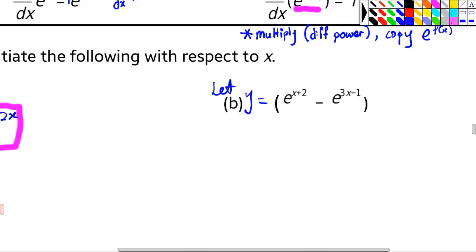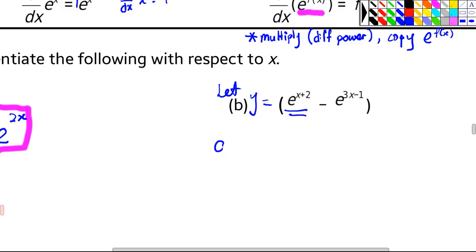So I look at the first one. dy/dx, what do I get? Differentiate the power. I look at the power, x plus 2. I get 1. Then I copy back the same thing, so e^(x+2). The 1 no need to write, but I write it because I want to show you I actually differentiate the power.